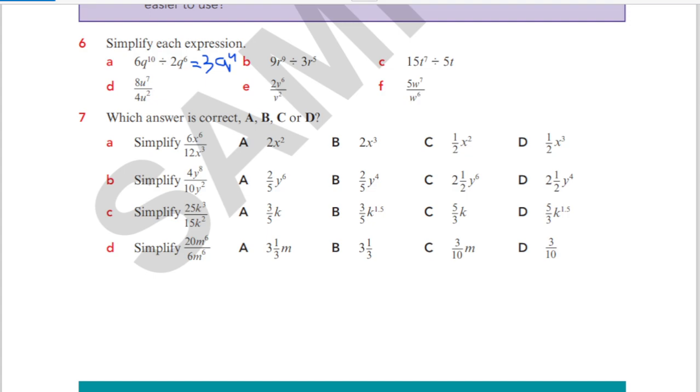Okay, now 9r9 divided by 3r5. 9 divided by 3 will be 3, and 9 minus 5 will be r power 4.